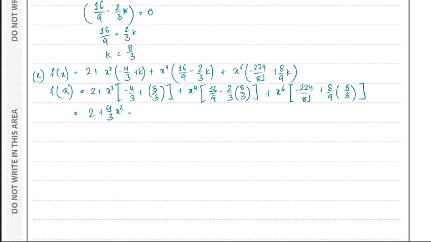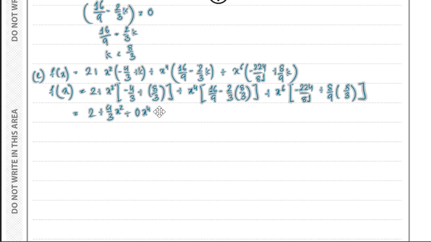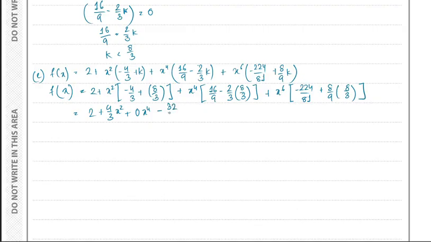So this would be plus 0 x to the power 4, which would be 0 eventually, plus it will be minus 32 by 81 x to the power 6. So finally, f(x) would be 2 plus 4 by 3 x squared minus 32 by 81 x to the power 6.